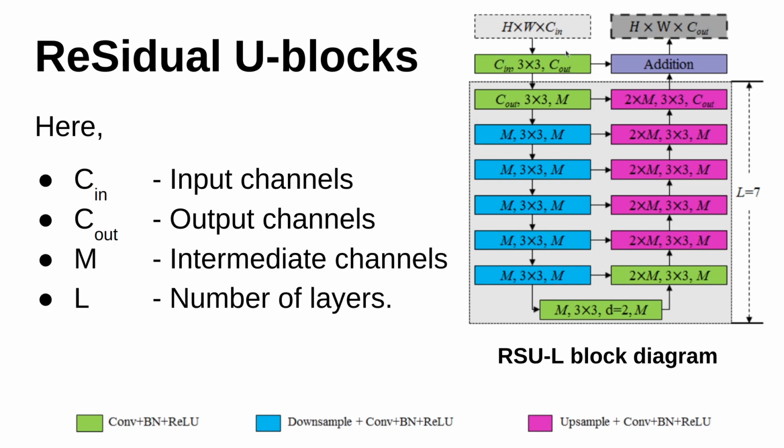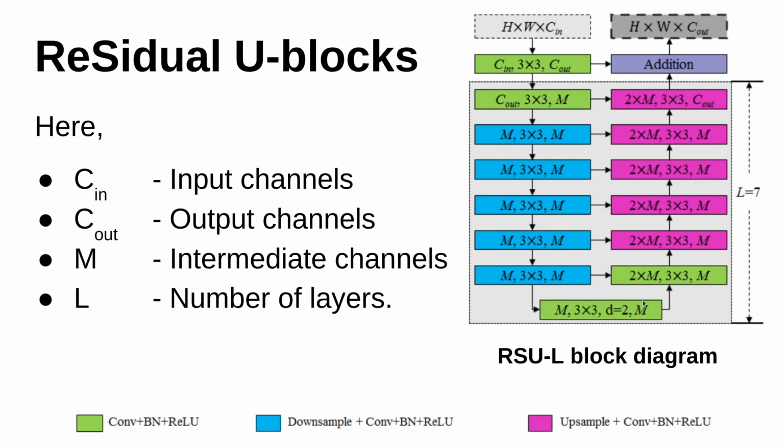So if you see, we begin with Cin and we apply an initial convolution layer and the number of features becomes Cout. From there begins our U-shaped architecture. Then again we apply a convolution, batch normalization and ReLU. Then it is followed by a number of layers with downsampling and convolution, batch normalization and ReLU operations.